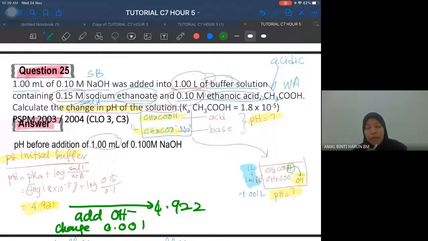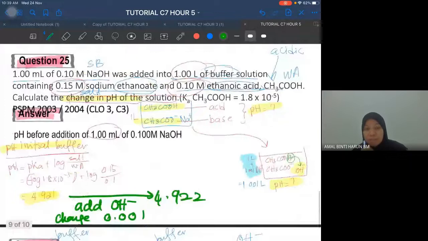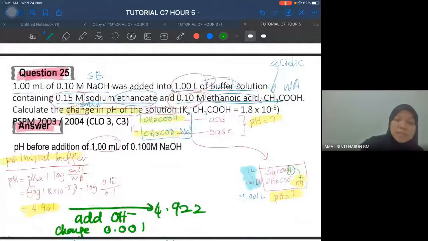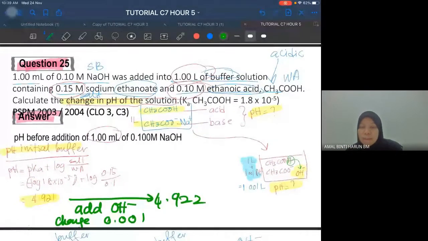Kan? Okay. Yang you susah payah belajar buffer ni, dekat mana? Dekat mana dia wujud? Kenapa diciptakan sistem buffer ni? Boleh tengok dalam perut kita ada asid kan. Tapi dalam perut kita buffer ke?